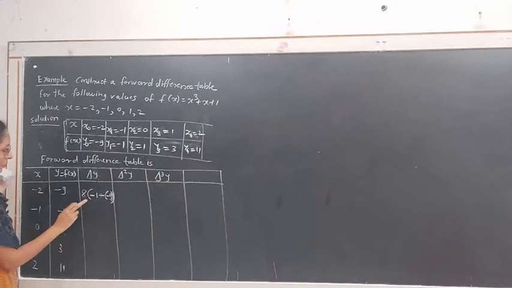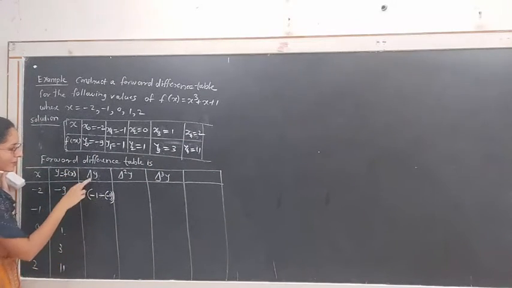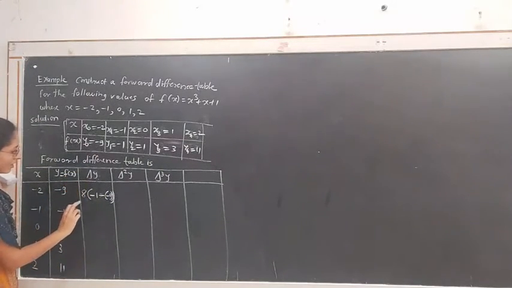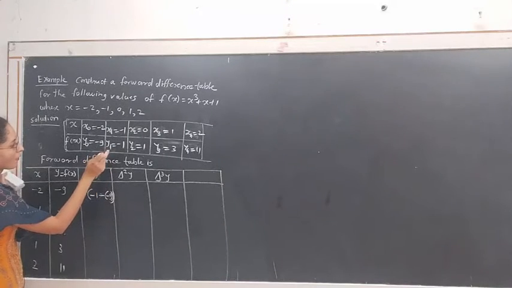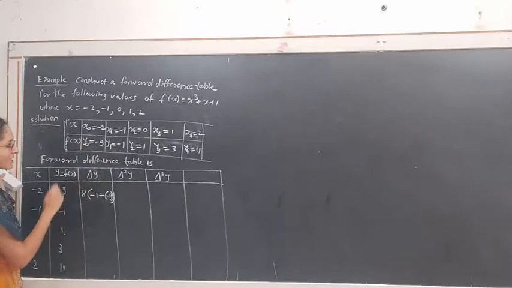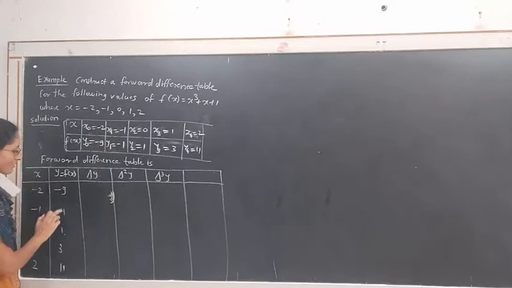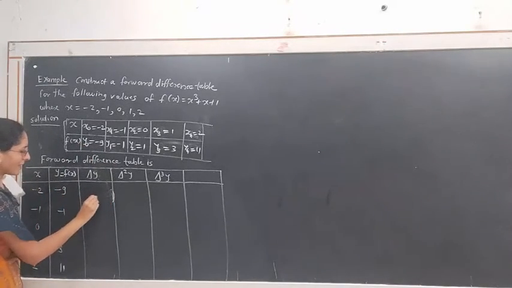So in the column of first forward difference, we will get del y0 is y1 minus y0, which is minus 1 minus minus 9, that is 8.